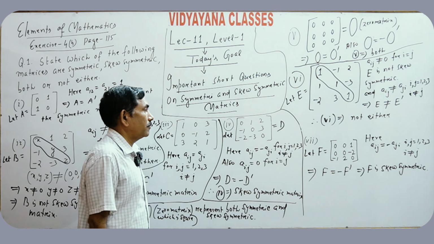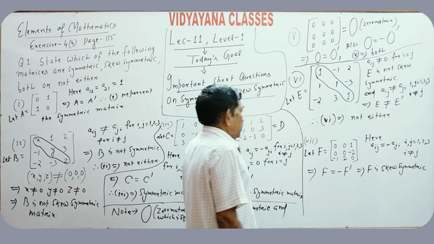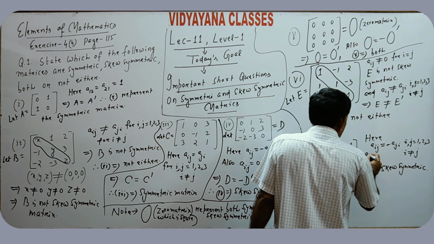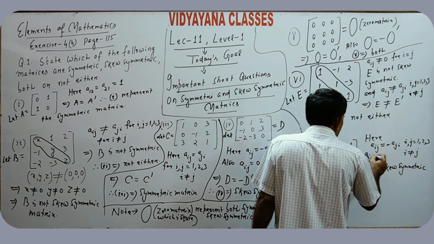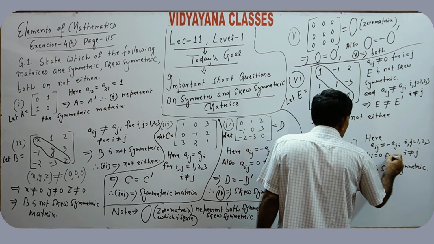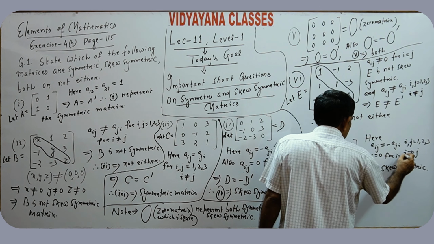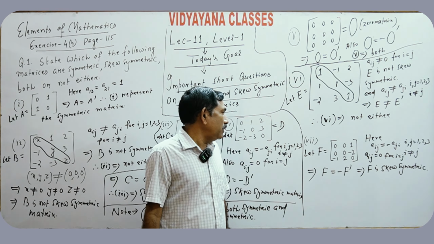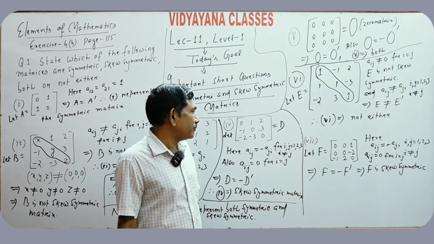Here Aij is equal to 0 for i equal to j. These two conditions satisfy F is skew symmetric.